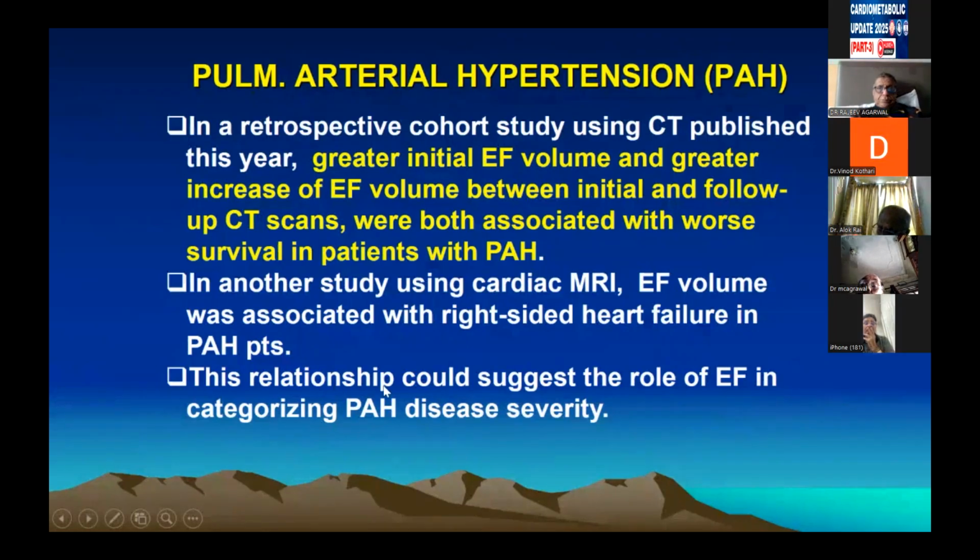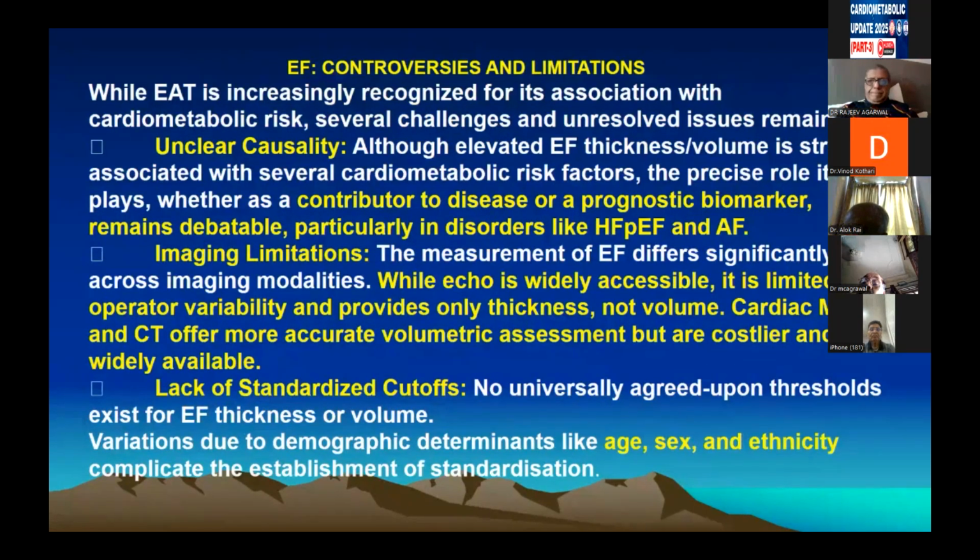This suggests the role of epicardial fat in categorizing pulmonary arterial hypertension disease severity. So epicardial fat volume is also useful in patients with pulmonary arterial hypertension, and has value in kidney damage, obstructive sleep apnea, and many other conditions that I mentioned.